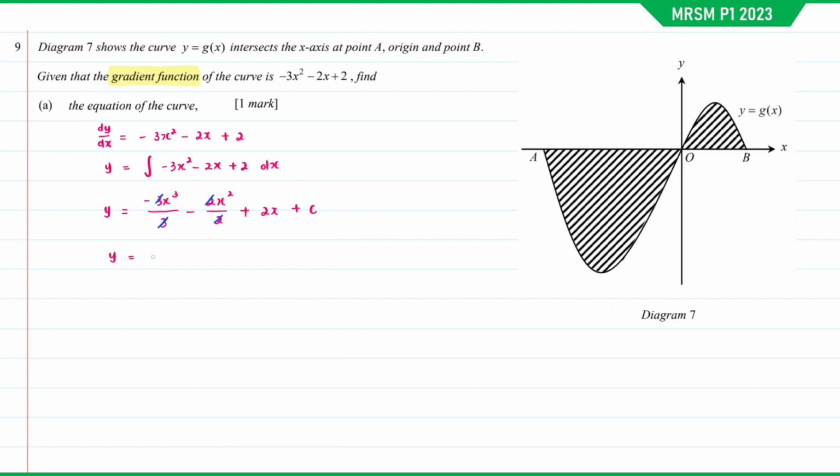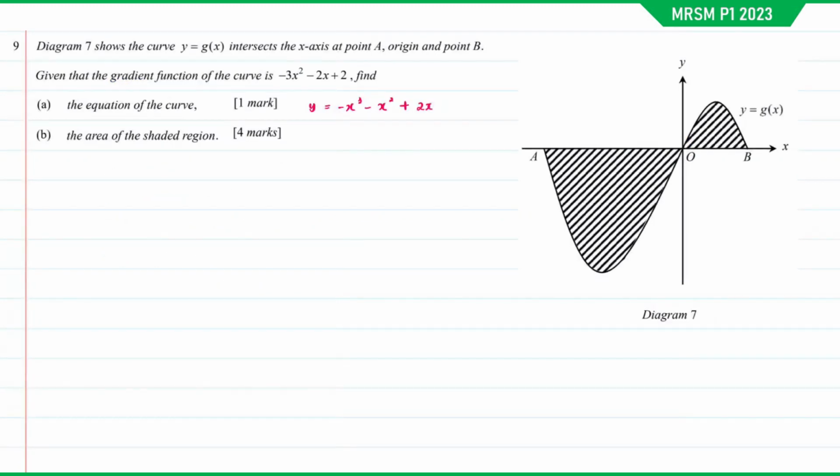Then y is equal to negative x cubed minus x squared plus 2x plus c. Now, based on the diagram, here the y-intercept is equal to 0. So when c is equal to 0, then the equation of the curve will be y equal to negative x cubed minus x squared plus 2x.